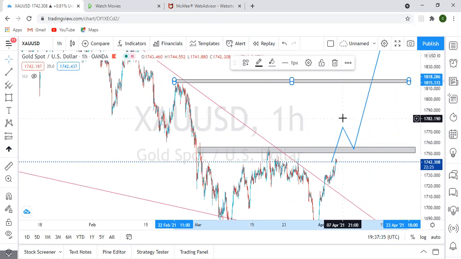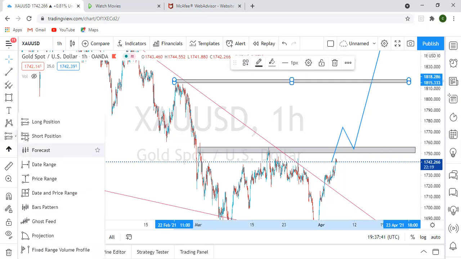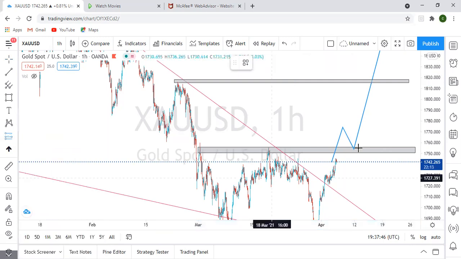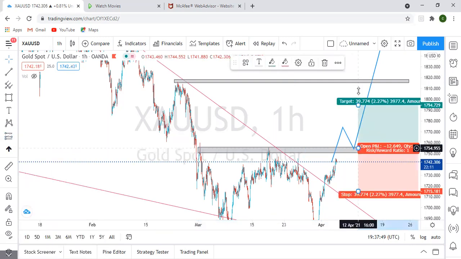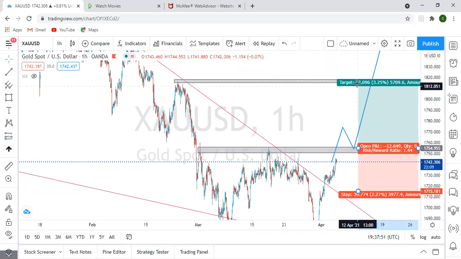For your stop loss, it's going to be just slightly below, 40 pips. I don't like to risk a lot on this. I will not risk a lot on this trade. So we are going long. Let's take the long tool, and then we are capitalizing this much.